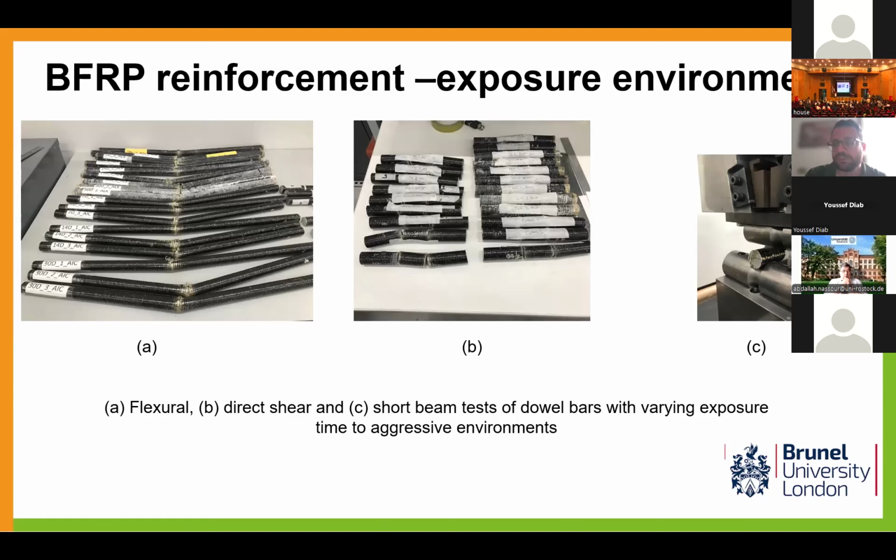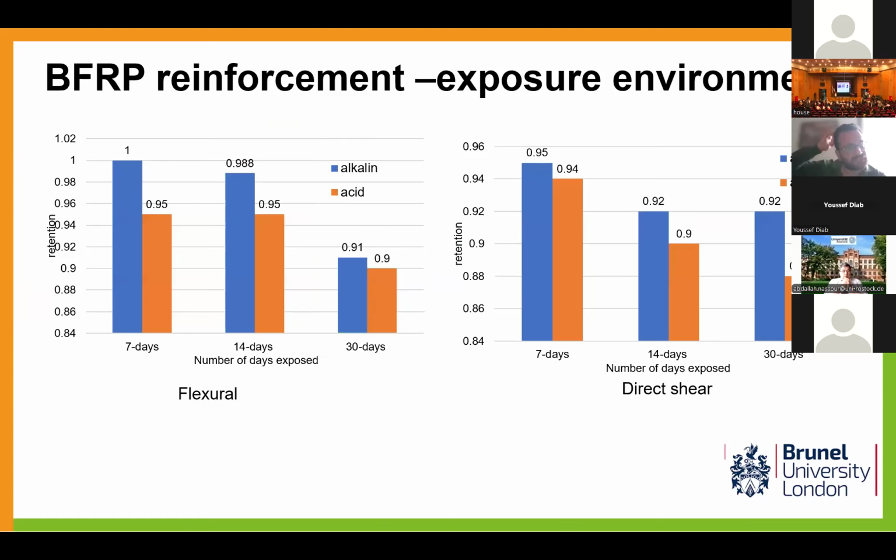We put it in accelerated testing for 7, 14, and 30 days. We can see there's a reduction in the strength. So this needs to be considered in design. For instance, at 9%. So this must be taken into consideration in the design.